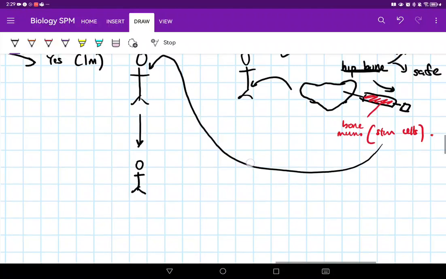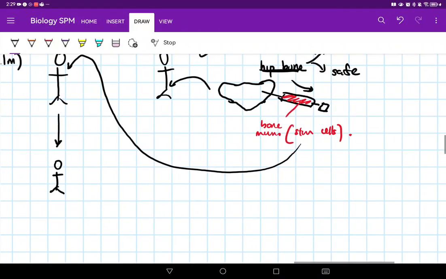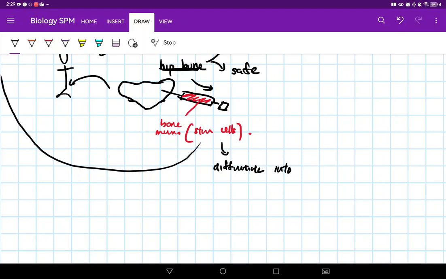They can then be used to differentiate. So the stem cells will differentiate, okay, into immune cells or any healthy cells, right? Any healthy cells that they need.